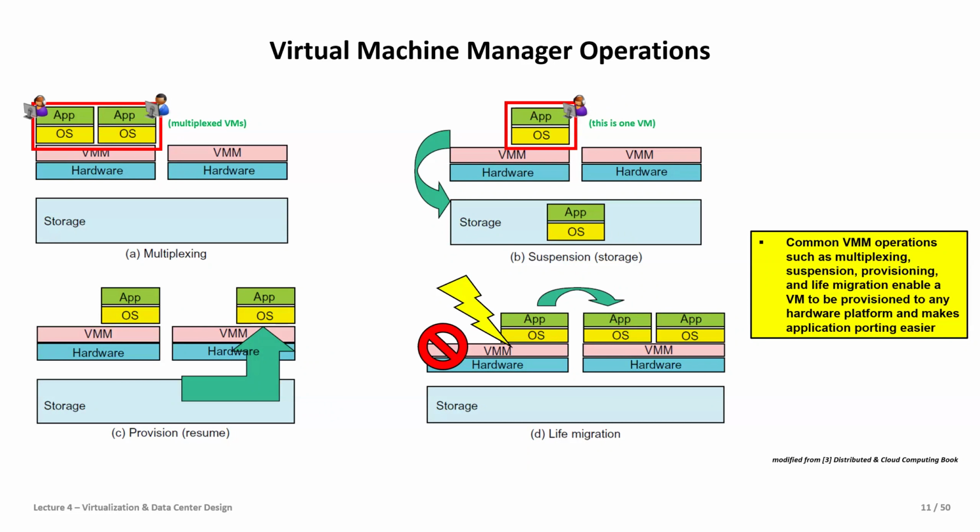Now, one other thing that virtualization enables is what you see in B. We want to store something on certain storage, and we call that suspension. You can capture the status of an application and easily store it immediately.